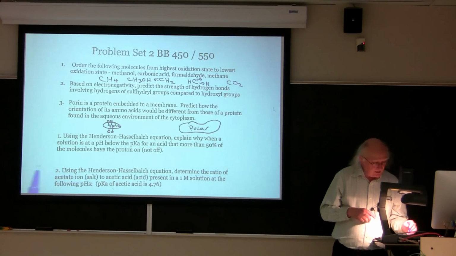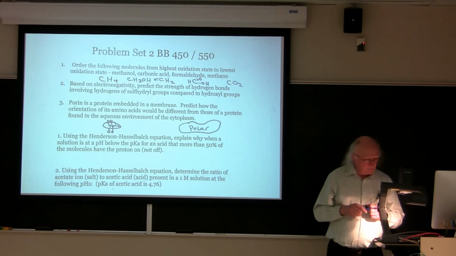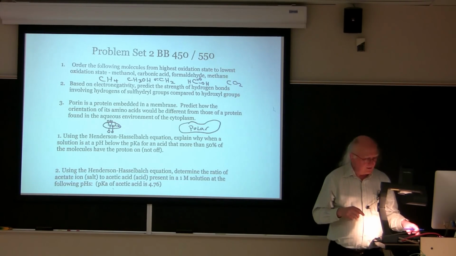So the next question says, using the Henderson-Hasselbalch equation, explain why, when a solution is at a pH below the pKa for an acid, more than 50% of the molecules have the proton on, not off. Now I'm going to move this and pull up a sheet to work on to answer that question for you.